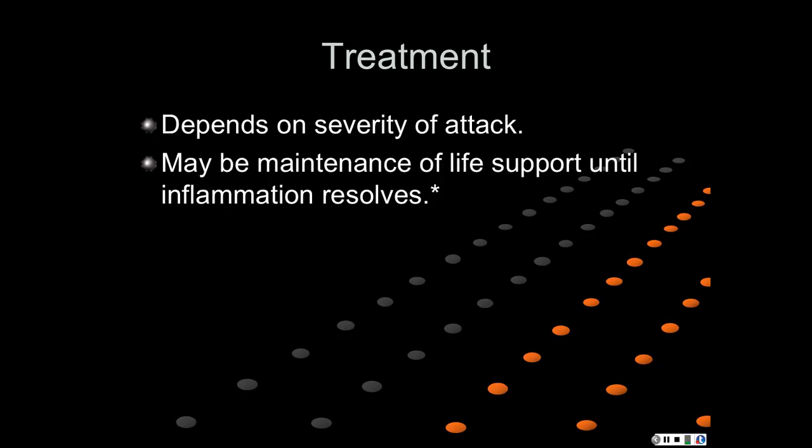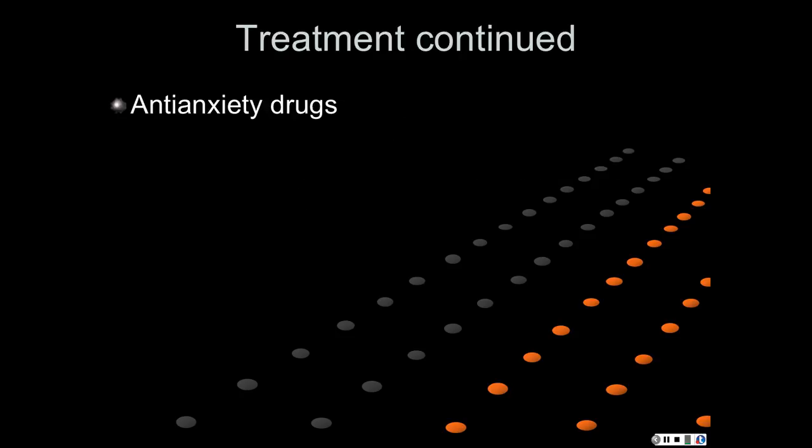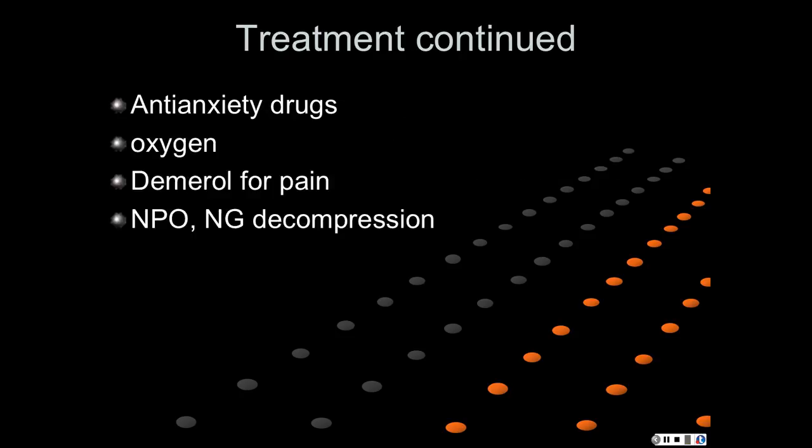Sometimes, if severe, there may be maintenance of life support until the inflammation resolves. But the key word, if it's just a straightforward acute pancreatitis, is that the patient is going to be NPO, because if they eat, that's going to stimulate the pancreas to work and cause more pain. So they're usually NPO.